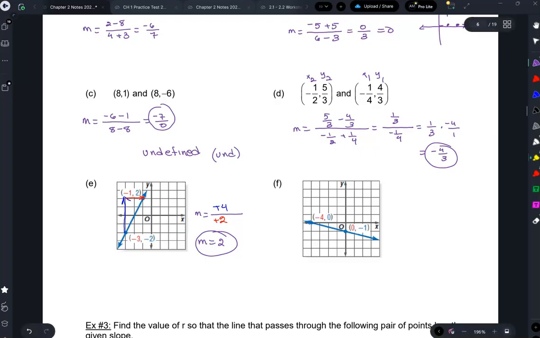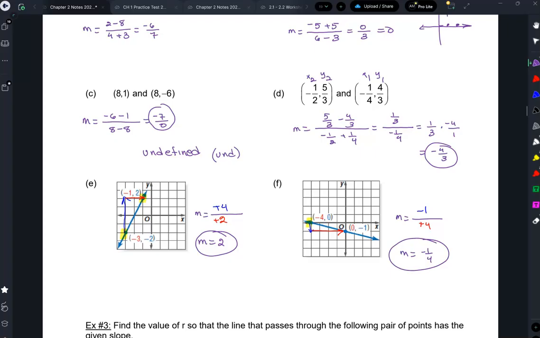To do it this way from a graph, you have to pick the leftmost point and go to the rightmost point. Otherwise, you get a negative, okay? Here, leftmost point to the rightmost point. So I go down 1, so m is -1, and then I go to the right 4 spaces, that's +4. So slope is -1/4.